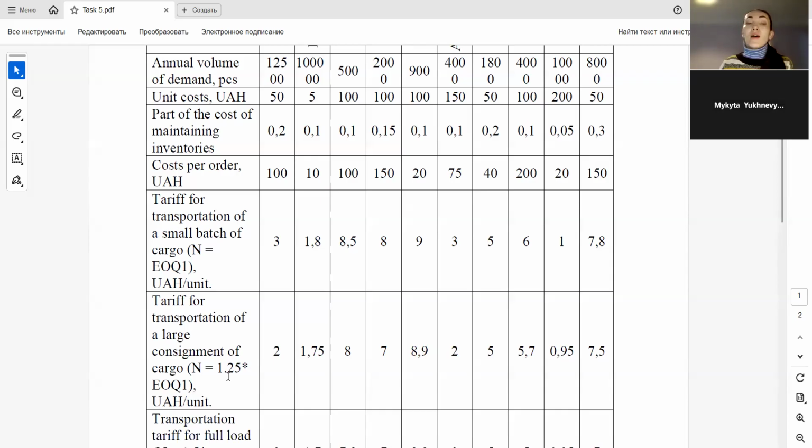But for other parameters, we need to find these different types of EOQ. Okay, so our next calculation will be E with index TR, our cost for transportation, is equal to, and we use the same information about demand, the third line of our table, but we use another tariff. For example, for the first variant, it will be 12,500 multiplied by 2, already 2 hryvnias per 1 unit. Please find information for your unit and use your value of this parameter.